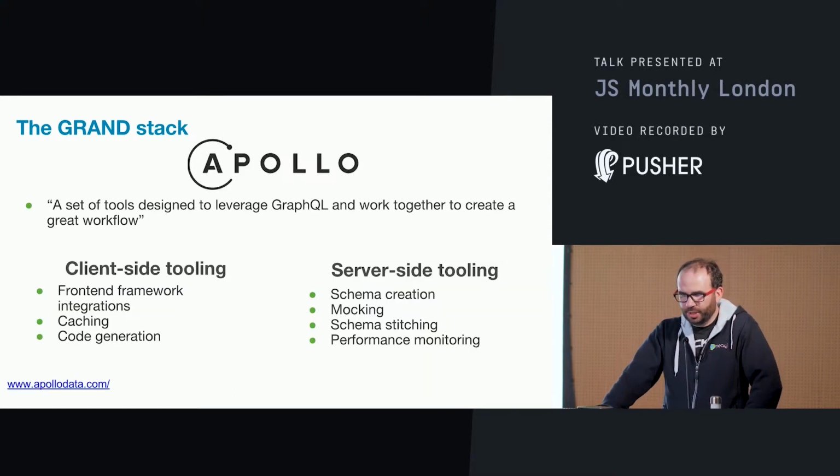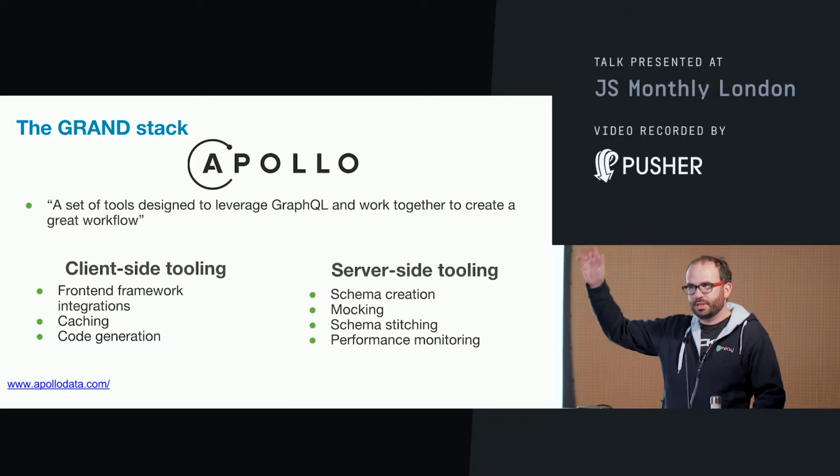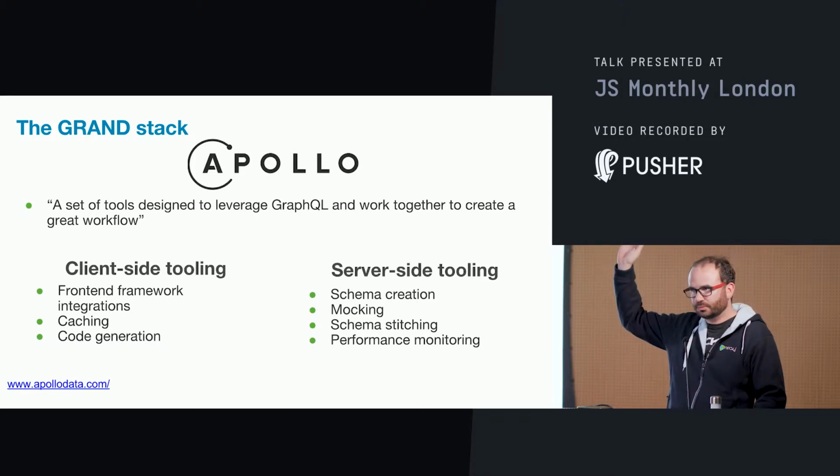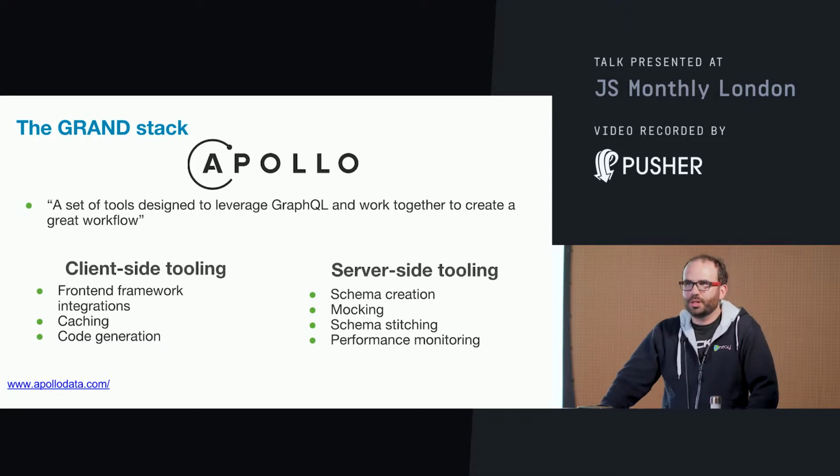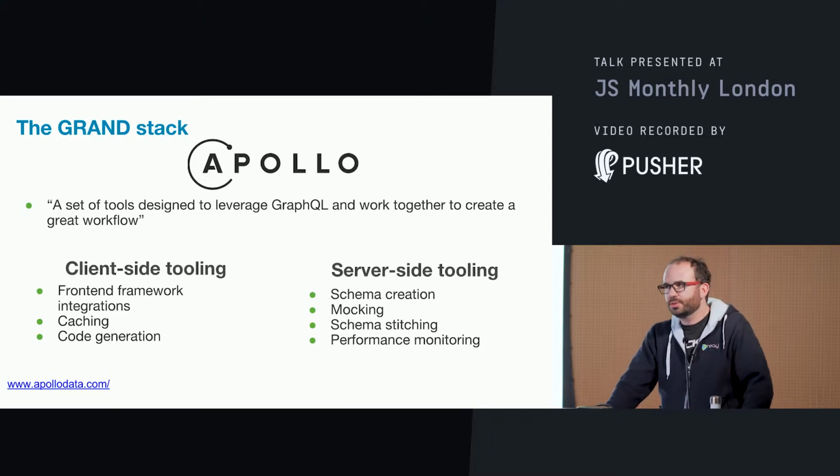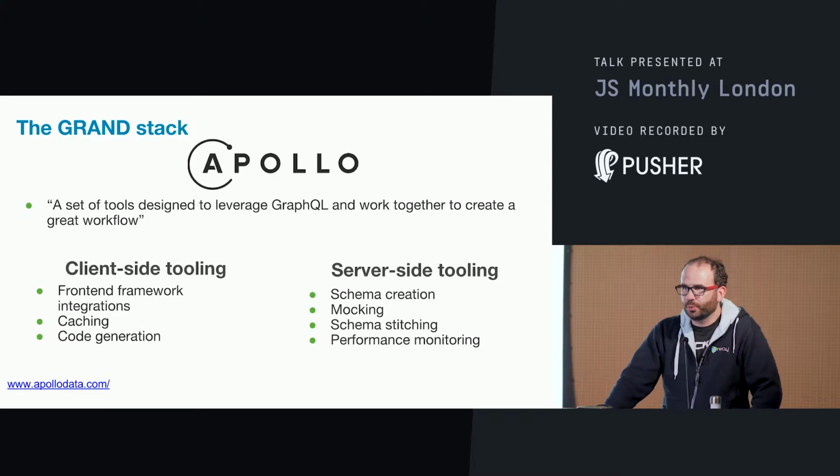And then we have Apollo. How many people have used any of the Apollo tooling? A few folks, yeah. So Apollo is not just a single tool. Apollo is instead a suite of tools for working with GraphQL.